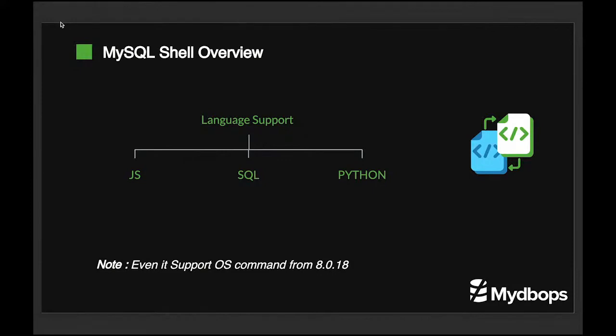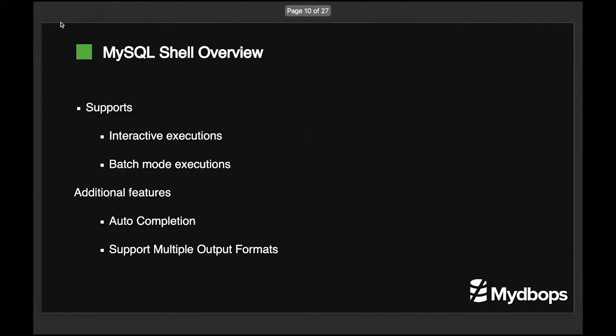Even OS commands are supported just by giving the system command. Like we have in the MySQL terminal, we can just use the system command and then invoke OS related variables and OS related commands. That is possible, and it was added in 8.0.18.